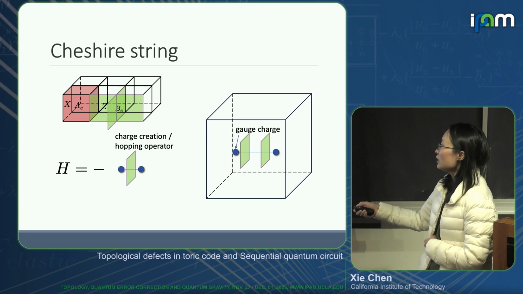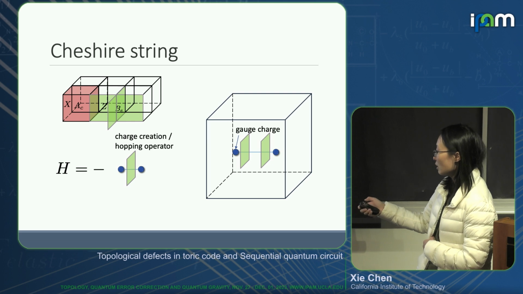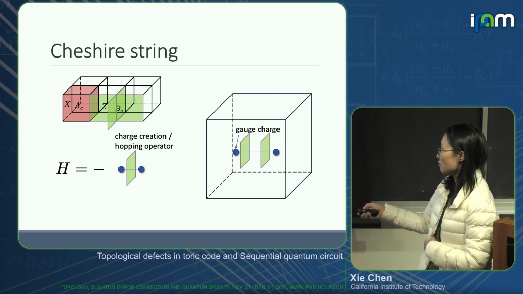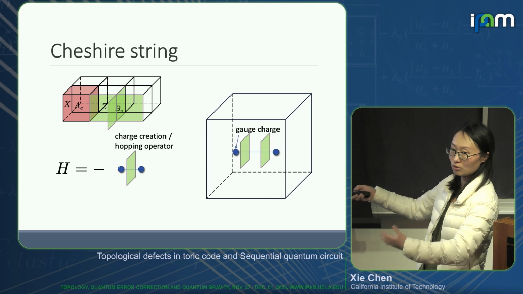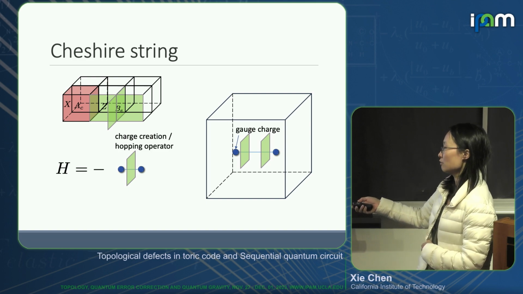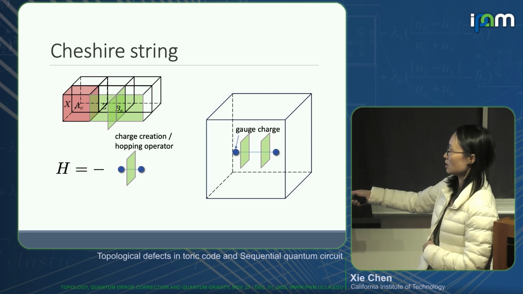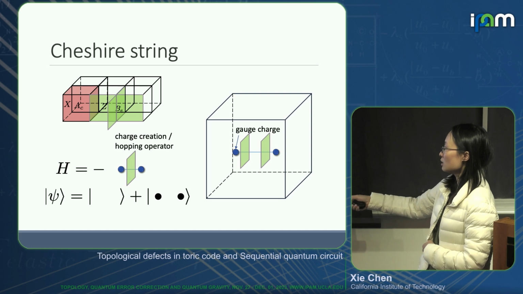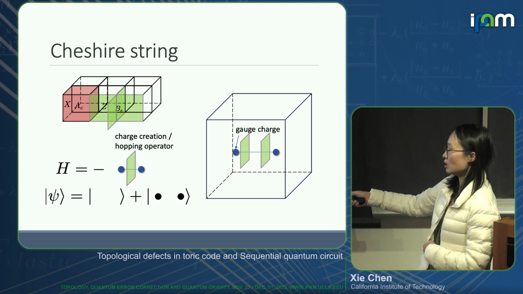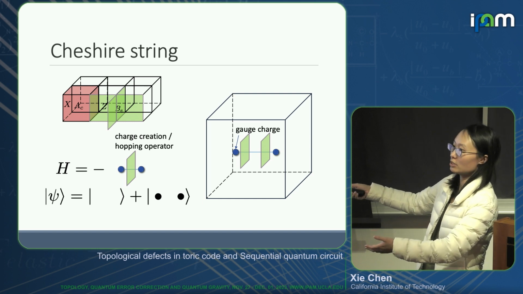Okay. So if we just have this one little piece of string operator, we can ask, what is the new ground state of the system? Of course, everywhere else it remains still inside the bulk state of toric code. But along the defect, because we have imposed a sigma z on this plaquette, then this plaquette needs to be in the zero state, right?